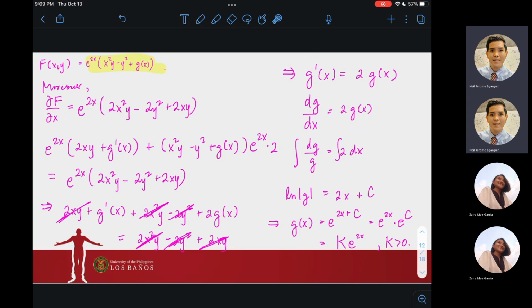Bakit magkaiba kami ng ansatz kay capital F? E to the 2x times x squared y, so that's fine. Minus y squared, e to the 2x, that's fine. Plus g of x, parehas naman kami nito.